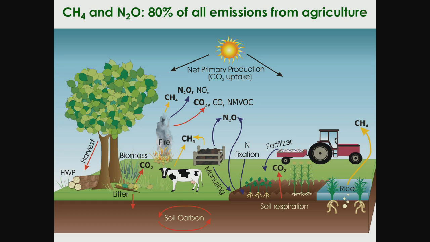Methane can be generated principally through animal agriculture, and also from rice cultivation, and nitrous oxide is also principally generated through soil microbial activities. So I'll touch on these key components over the next 40 minutes or so.